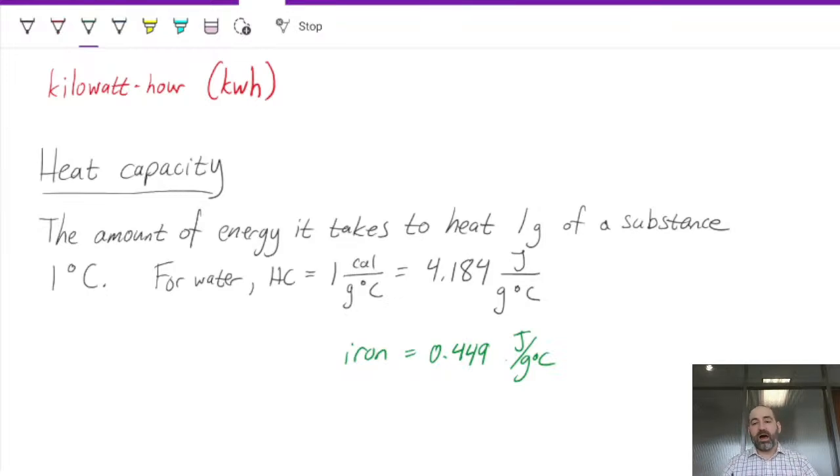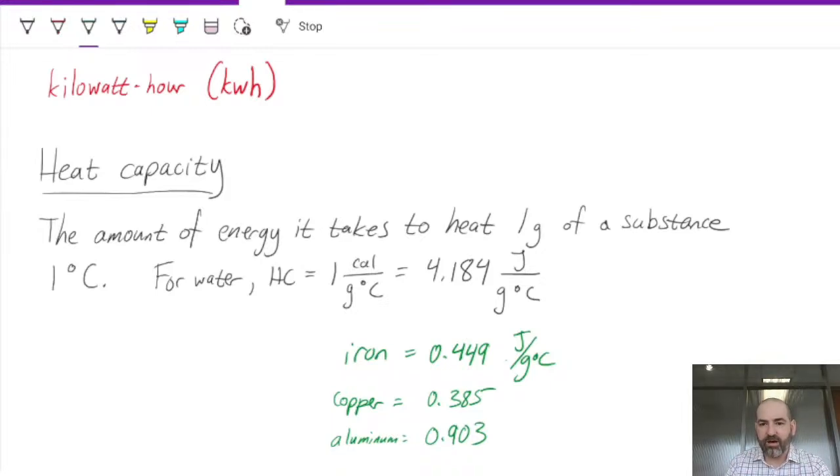If we look at something like copper, it's even lower, 0.385, and aluminum 0.903. So what kinds of things have higher heat capacities than water? Well, gases for one.